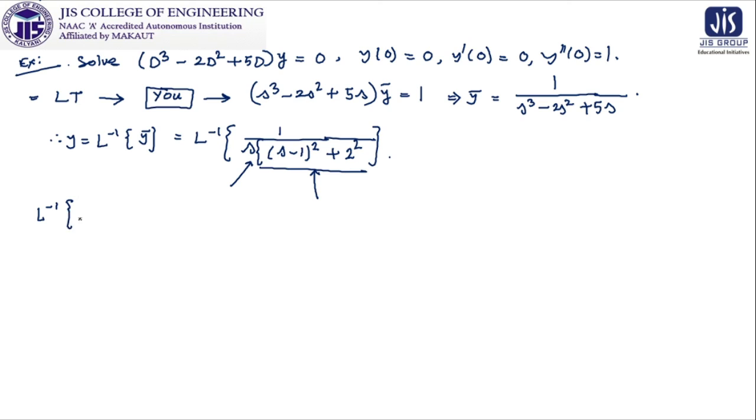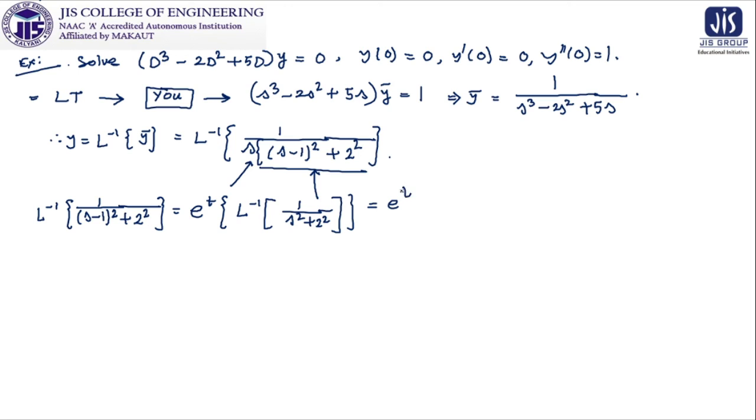So the Laplace inverse of 1 by (s minus 1) whole squared plus 2 squared, applying the first shifting property, will be e to the power t into the Laplace inverse of 1 by s squared plus 2 squared.